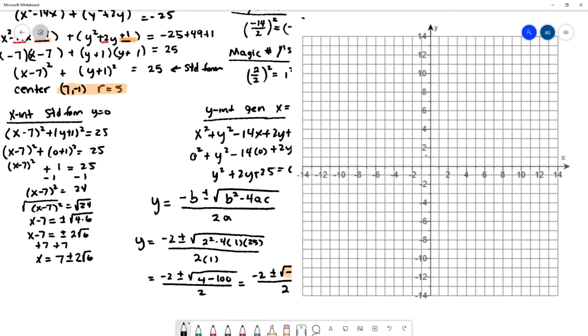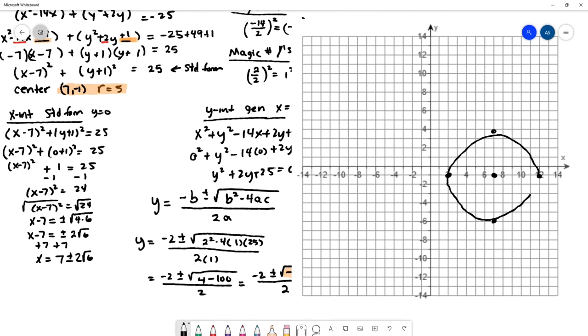So our center is 7 to the right and down 1, with a radius of 5. So I'm going to go up 5, to the right 5, and down 5, and to the left 5, and sketch out the circle.